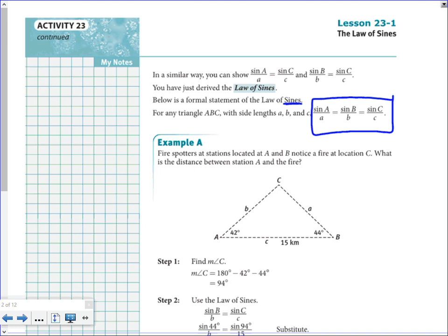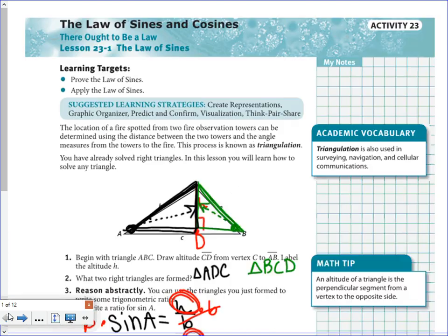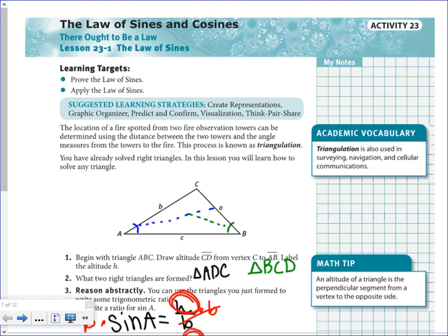And I want to flip back and look at the previous page and make sure you see the connection between the capital A and the little a. So I'm going to erase all of my drawings. Angle A and side A are opposite of each other. Angle B and side B are opposite of each other. And angle C and side C are opposite of each other.